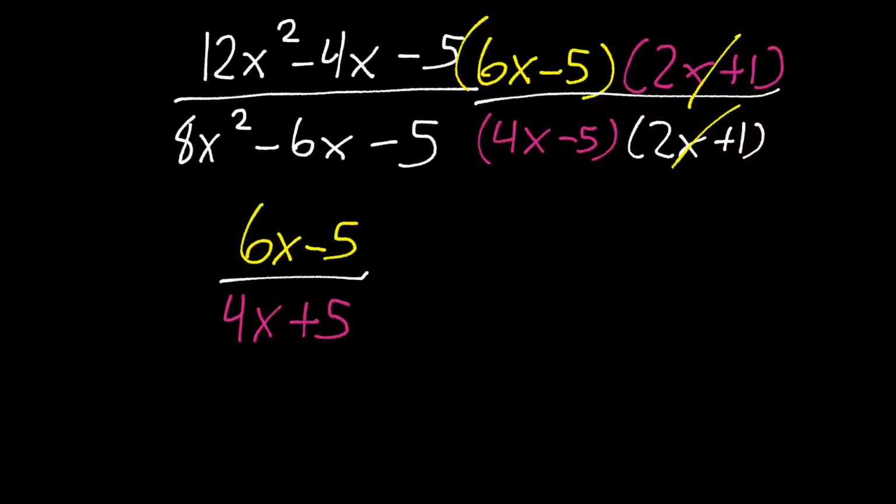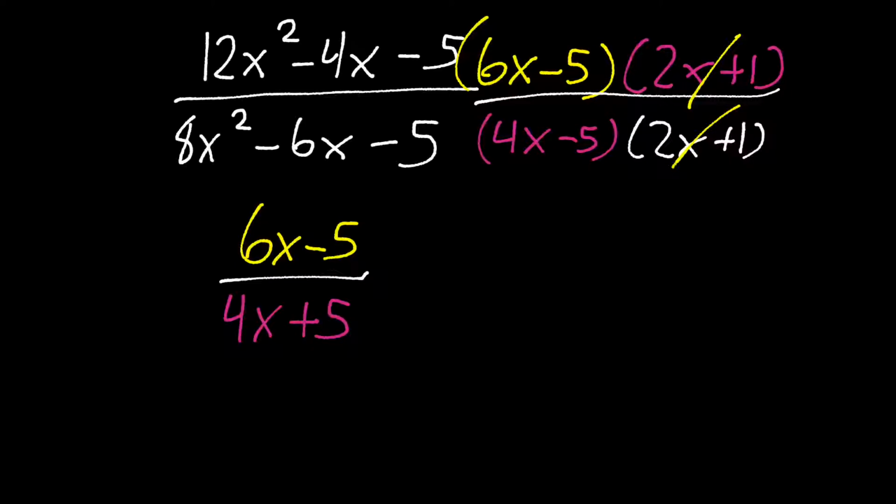And we can't cancel anything else out because we're not doing any other multiplication between terms. So I can't get rid of the x's because there isn't an x on both terms. And I can't get rid of the 5's because this is adding and subtracting, not multiplying by it. So our final answer looks like this, 6x minus 5 over 4x plus 5.